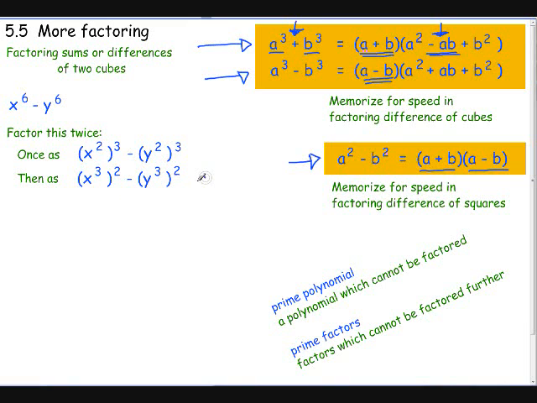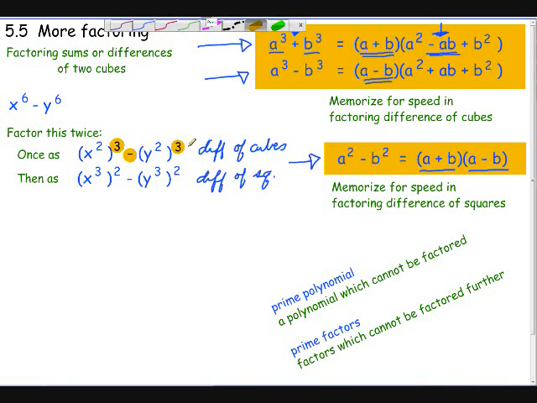This one, I'm thinking about it as a difference of squares. This way, I'm thinking of it as a difference of cubes. Where am I getting that? Difference of cubes. There's my difference. Or I could look at this as a difference of squares.